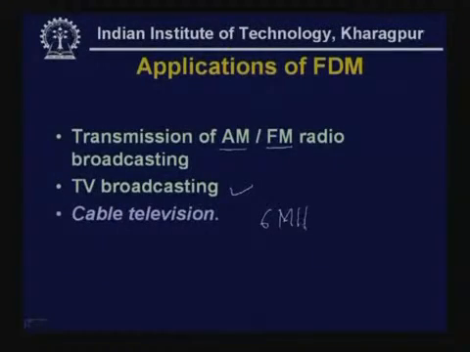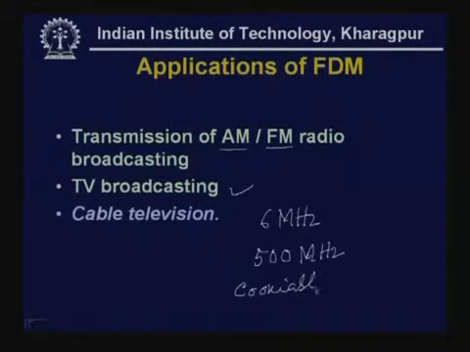As we know, each channel will require about 6 megahertz, and a cable can provide you a bandwidth of about 500 megahertz. So, through a single coaxial cable that is being used for cable television, you can send as many as 100 different channels, and then you can separate them out with the help of the tuners in the receiver, which are nothing but band pass filters.